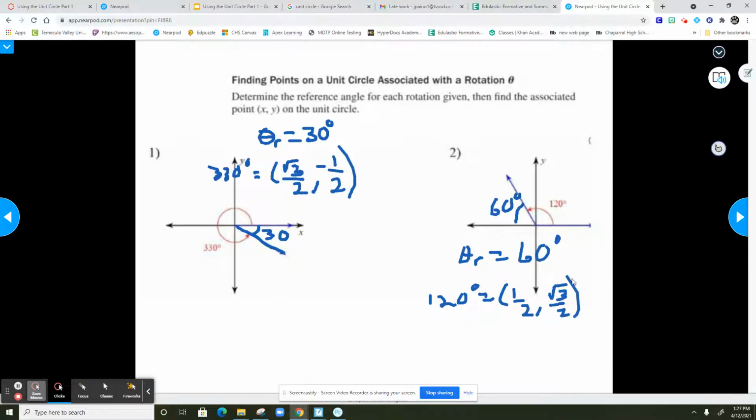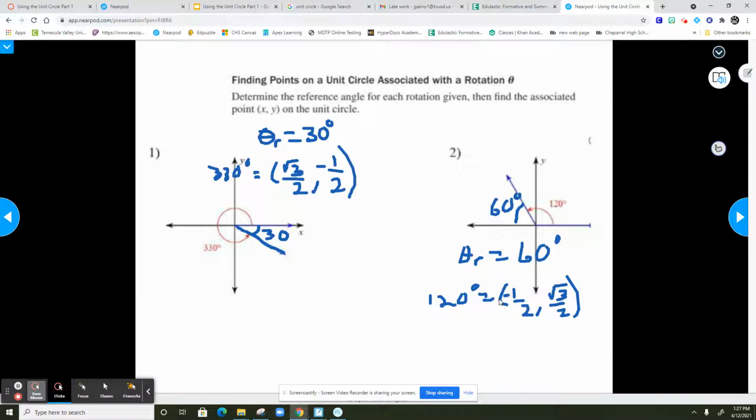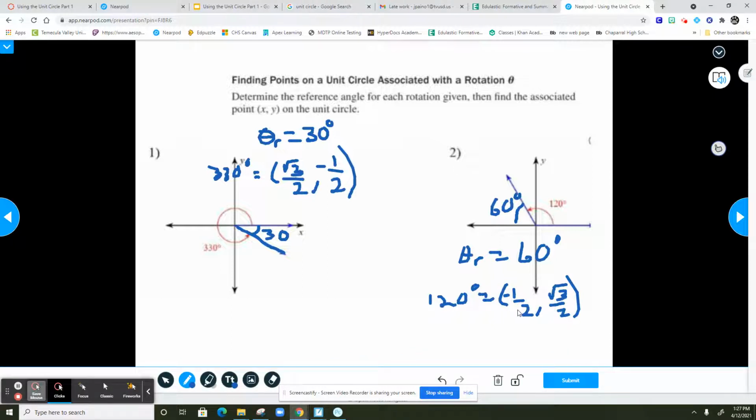We're in the second quadrant on this one, so my x is negative and my y is positive. At 120 degrees, the x value is negative 1/2, so cosine of 120 is negative 1/2. And the y value, sine of 120, is root 3 over 2. That's finding the reference angle, and then using our sign knowledge of what quadrant we're in to finish off the problem.